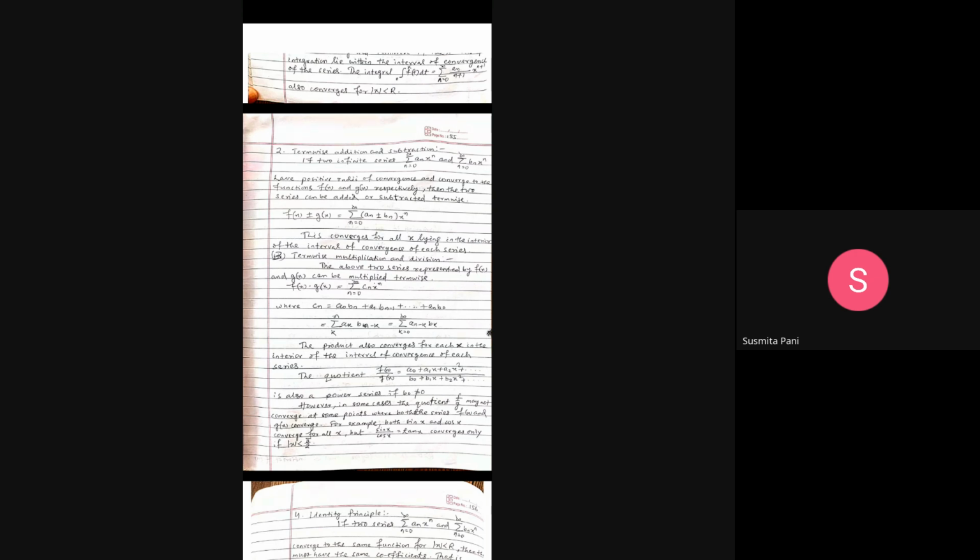If b0 is equal to 0, then it cannot be a power series. If b0 is non-zero, then f(x) by g(x) is a power series. However, in some cases, the quotient f by g may not converge at some points where both the series f(x) and g(x) converge.